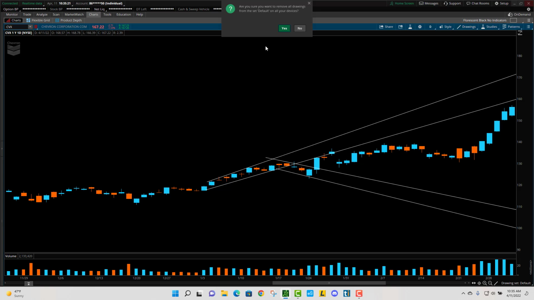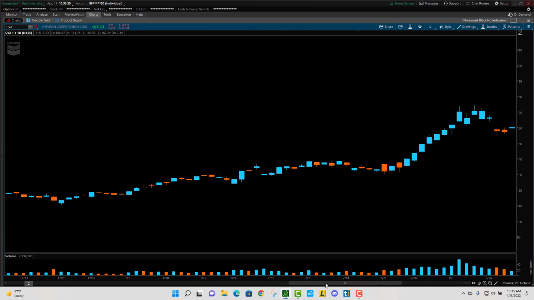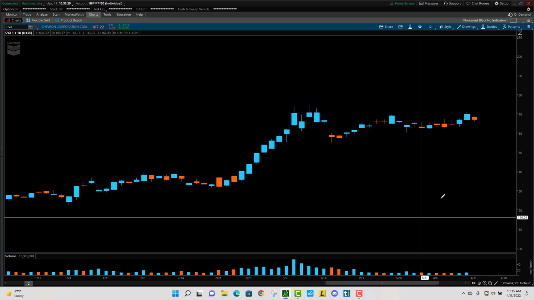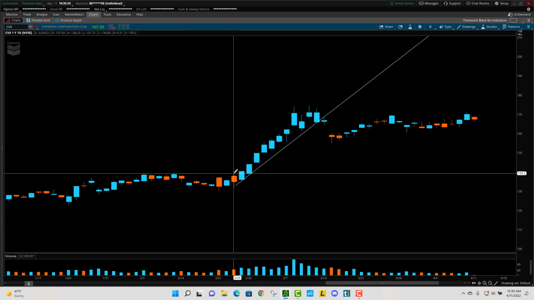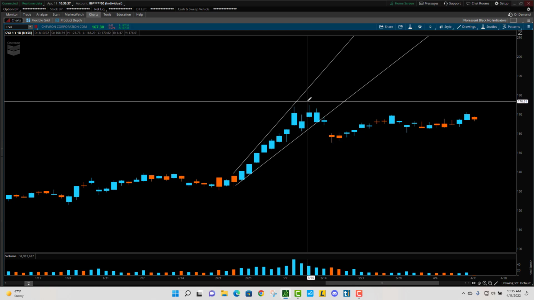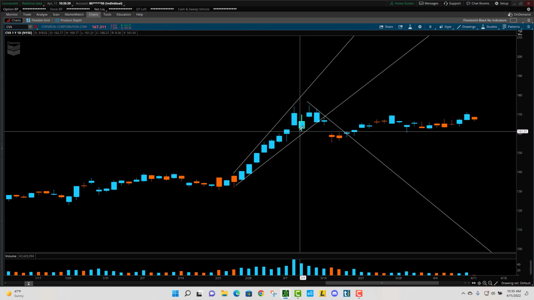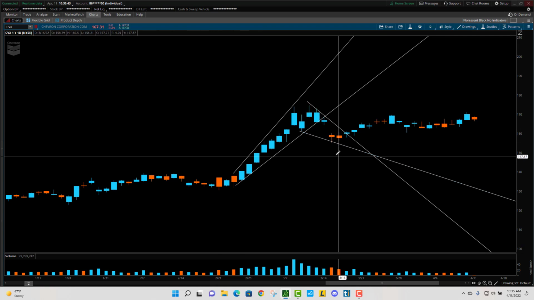All right, so that's a couple there. Let me just see if there's any others that I like to see over here. Yep, so here's, again, not always perfect, but you'll see you have the move up, and then you'll see this consolidation back down right here. So here's a bigger overall bull flag.